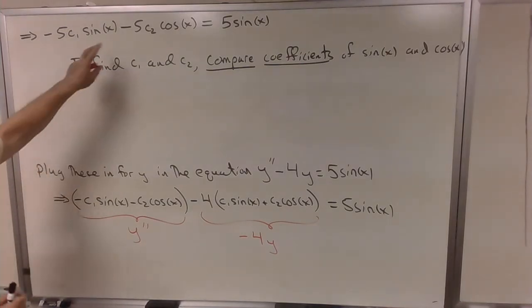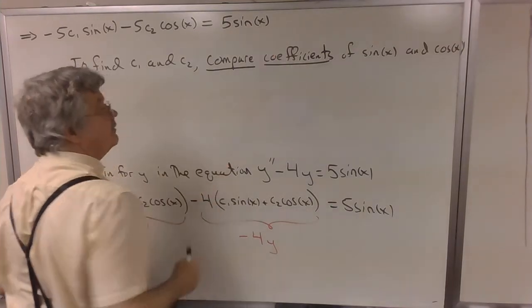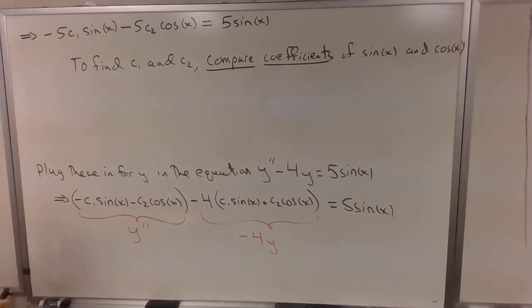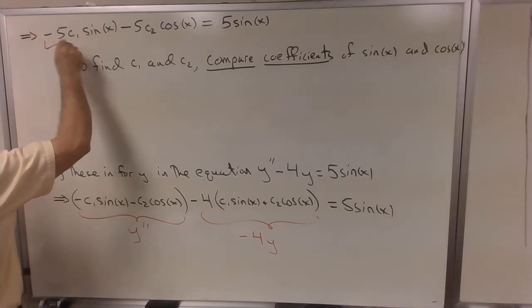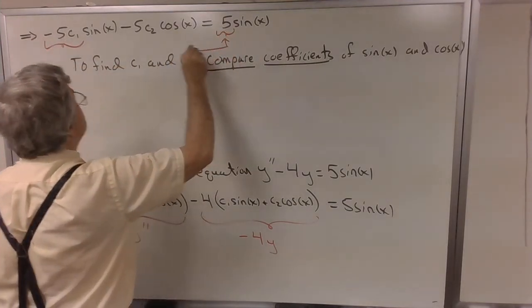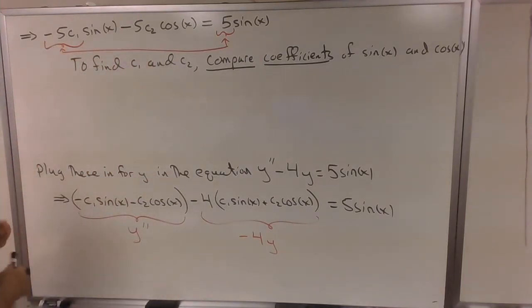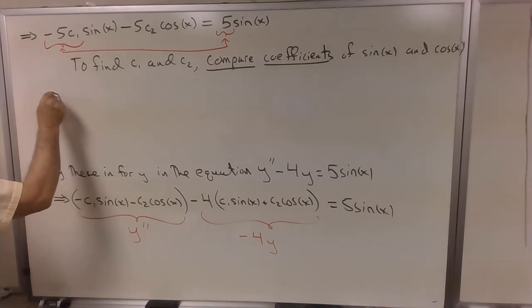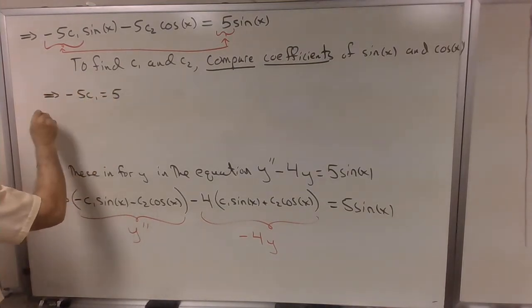On each side of the equation, we have a linear combination of sine of x and cosine of x. So let's see. Compare coefficients of sine of x. Negative 5c1 equals 5.